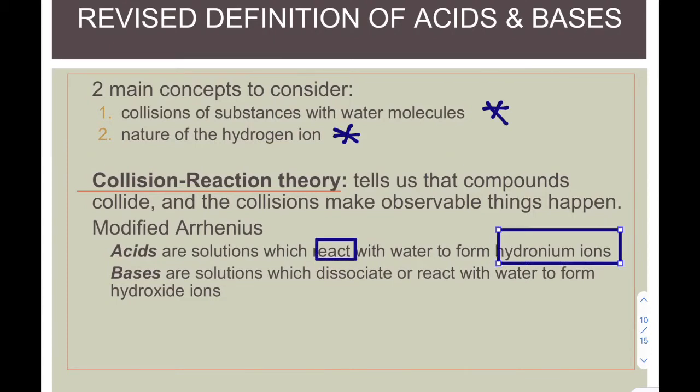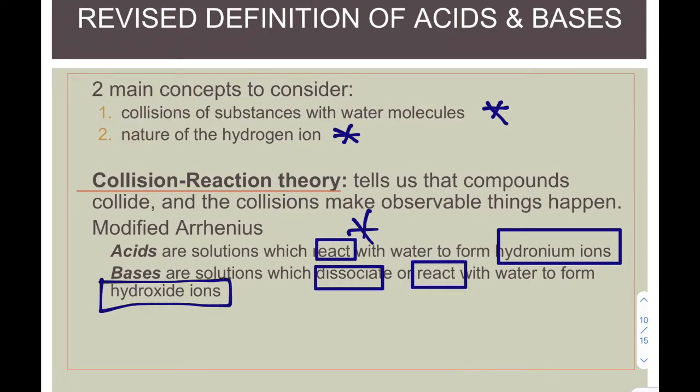So there is a reaction that is taking place with water, and bases are solutions which dissociate or can also react with water to form that hydroxide ion. So we need to think about these reactions that are taking place for both acids and bases with water. Are they forming hydronium ions or hydroxide ions?